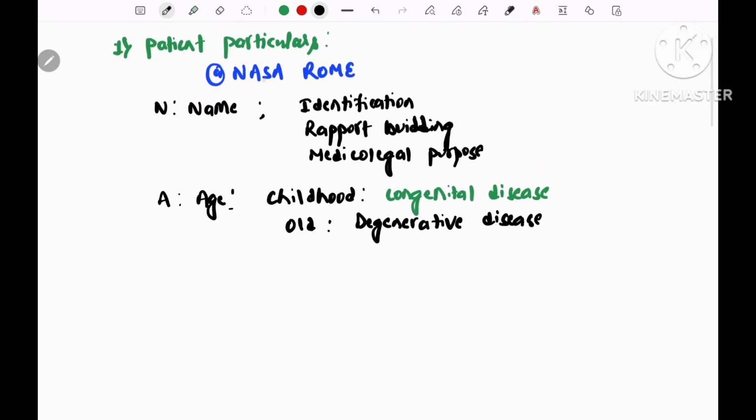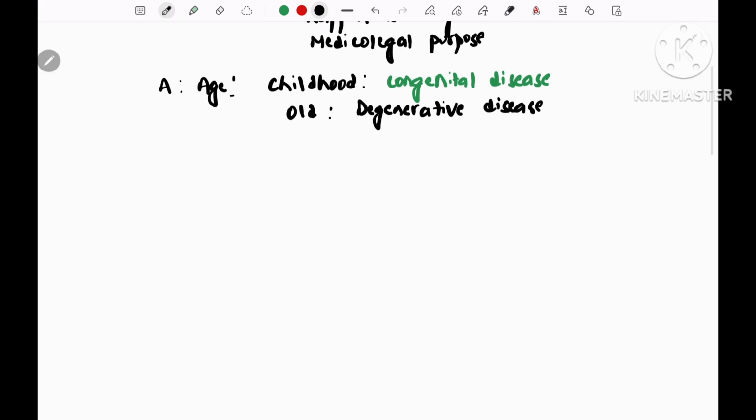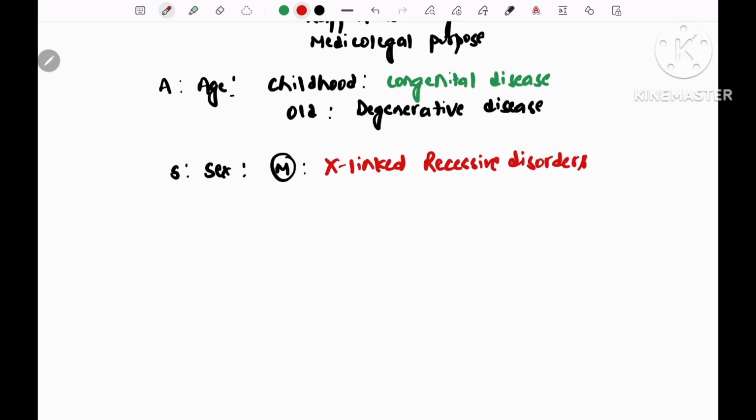Now we talk about sex. Some diseases are only found in males, like X-linked recessive disorders. What are those?